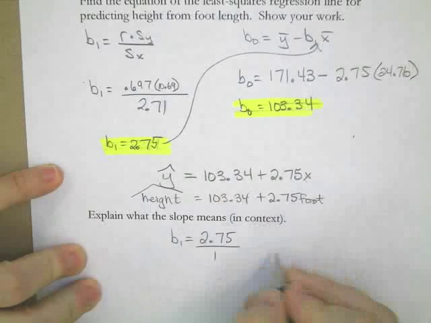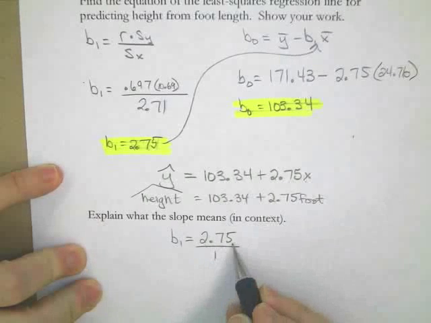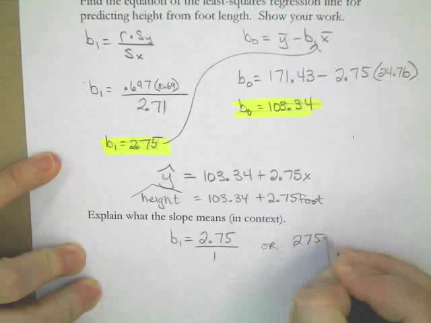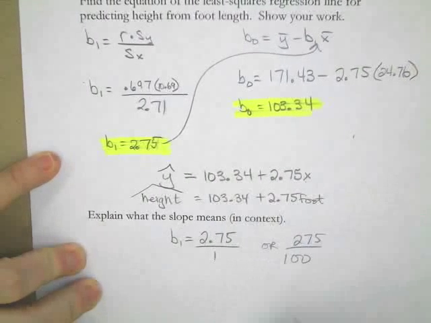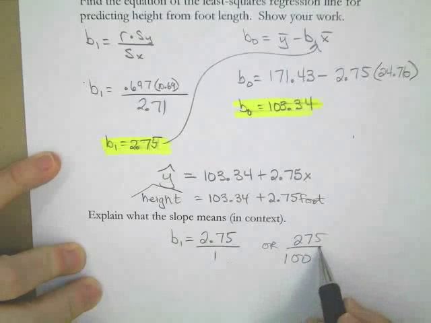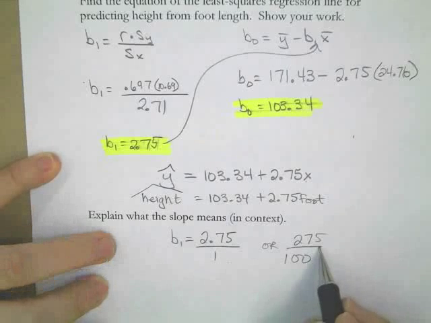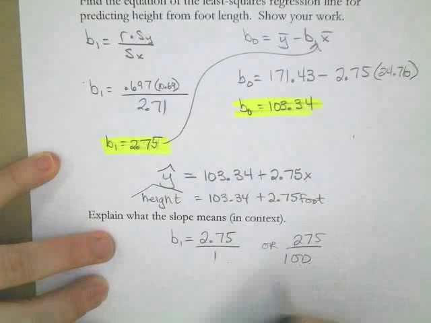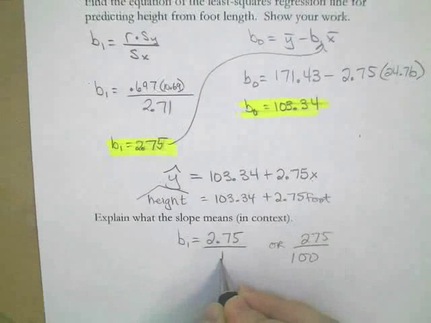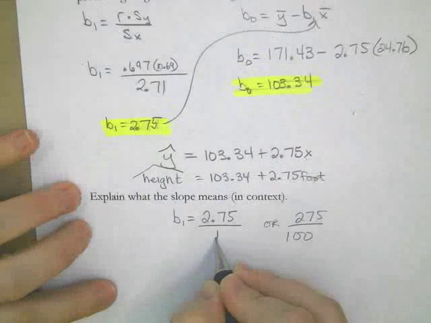You can keep it like this, over 1, or you can change it to 275 over 100. I think for this one, because you're talking about centimeters, it doesn't make sense to talk about it in terms of 275 centimeters per 100. I think it makes sense to talk about this, 2.75. And if you remember, when you have slope, it's the y over x.